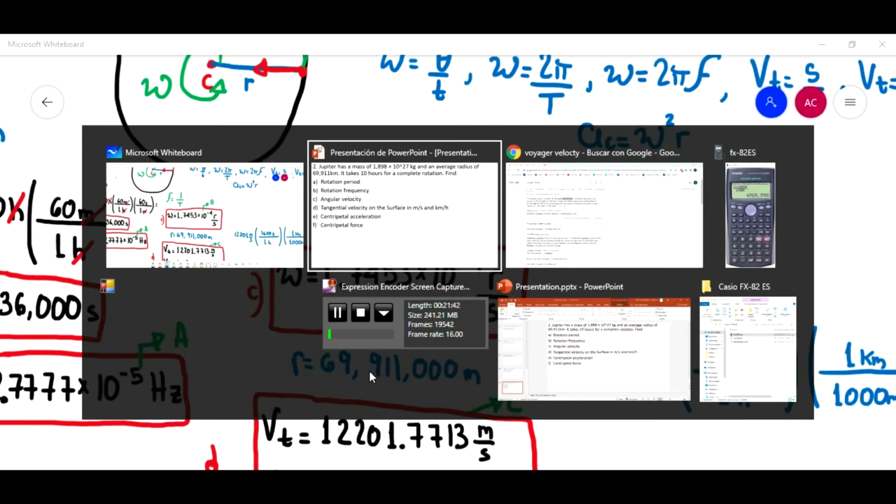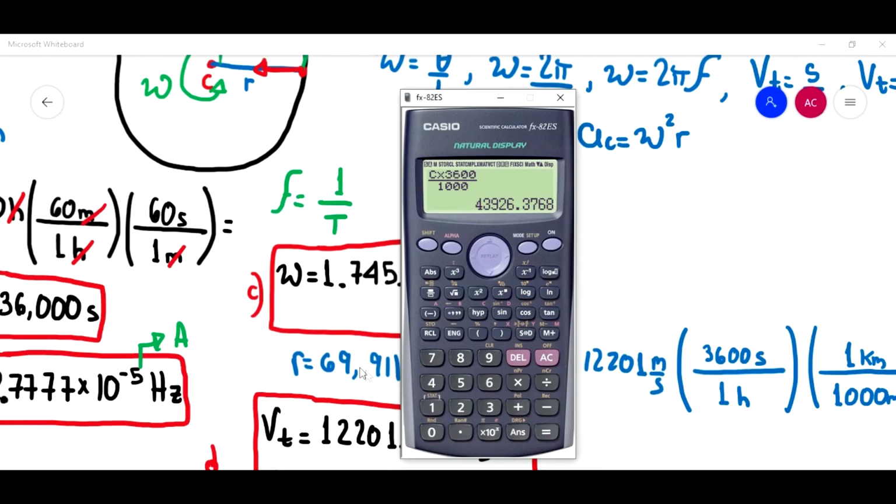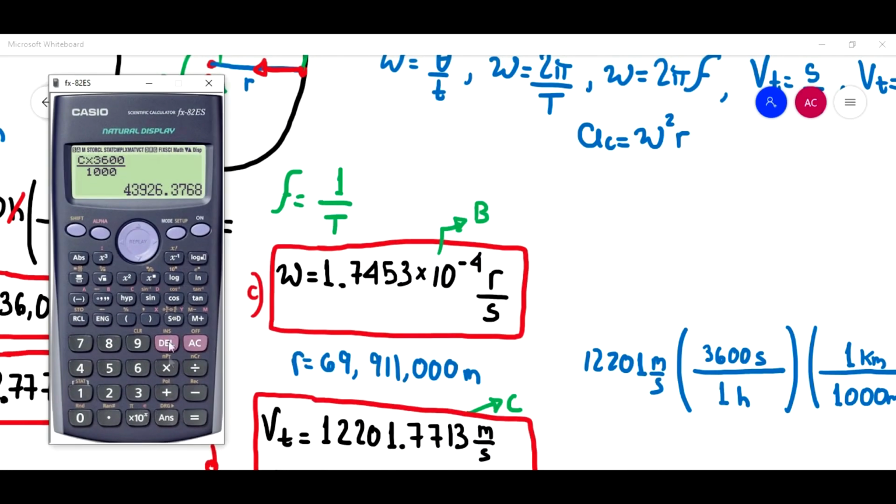The radius is 69,911,000, 69,911 and three zeros, times the angular velocity, alpha b, squared, and the answer is going to be in meters per second squared.